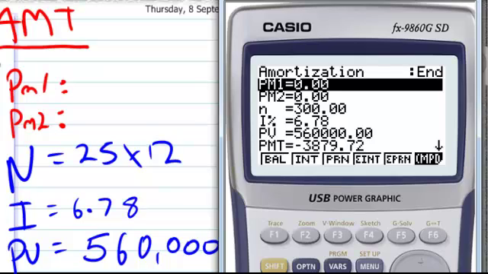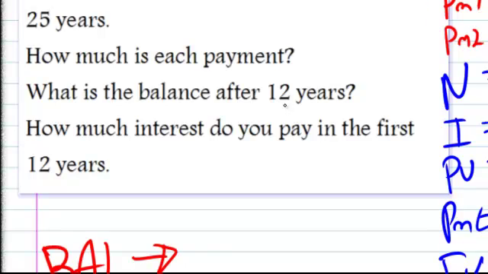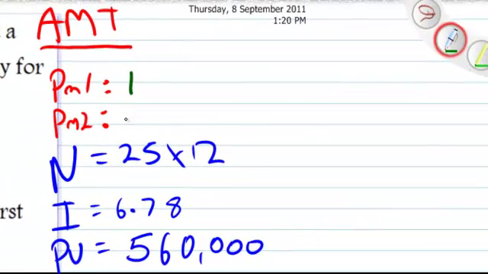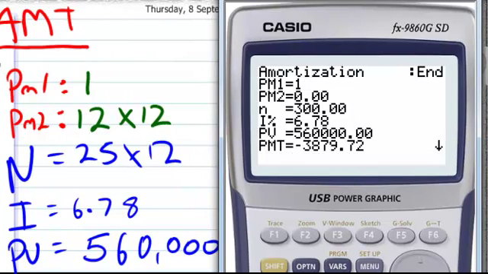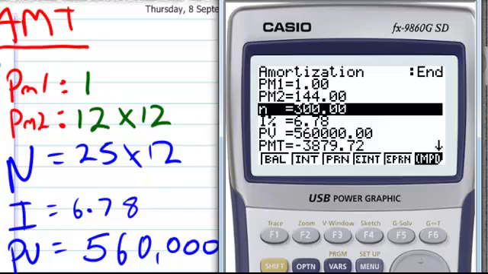So if we come back to our question, it says what is the balance after 12 years? After 12 years the loan's been going, and they want to know how much you still owe. So PM1 will be 1, PM2 is going to be 12 years times 12, as it's done monthly. So on your calculator, you put in 1 for PM1, 12 times 12 for PM2, and go execute.